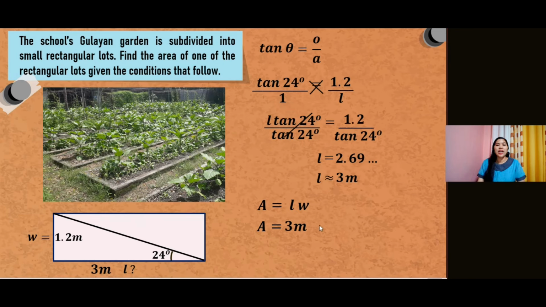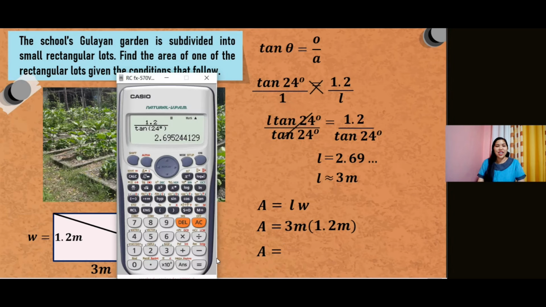This time input this in your calculator: 3 times 1.2. Click equal, you have 18 over 5, or this is equivalent to 3.6.